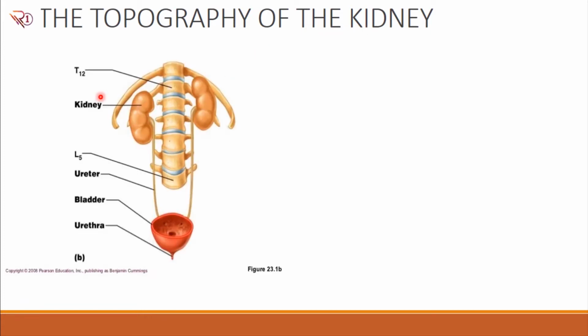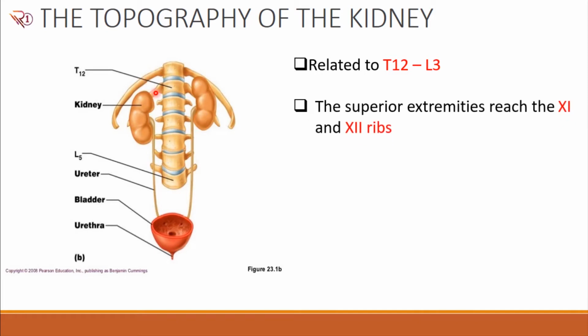Okay, so let's look at the topography of the kidney. In relation to the vertebrae, the kidney extends from T12 right through L3. So we have T12, L1, L2, L3, as you can see. Then with respect to the ribs, we have the 11th and the 12th rib superiorly.